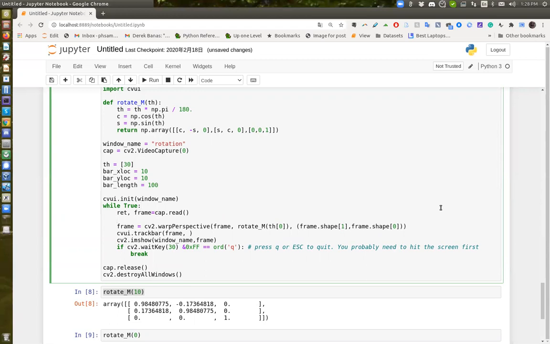And then I will have bar X location, bar Y location, bar length here, and next I put in the variable th here. So you see why I need to create this as a list, because otherwise this function cannot return back.